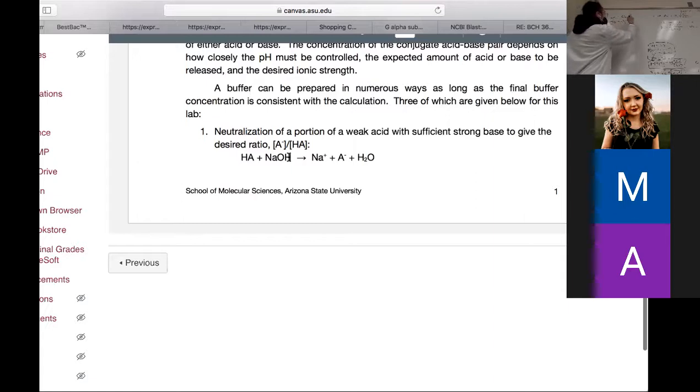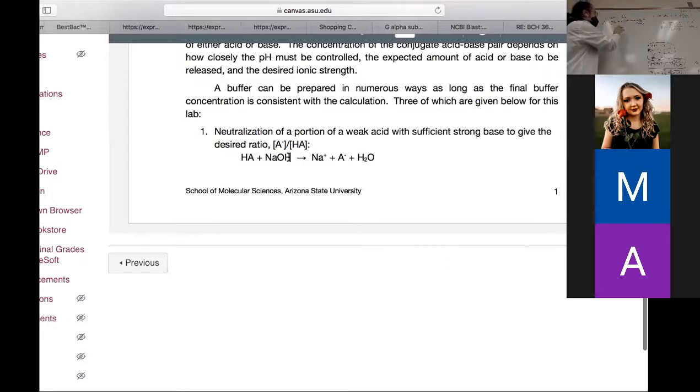So if we write this equation to the right side of the equation, it will give you HPO4 2-. This one will be your conjugate base, which is a weak base here.